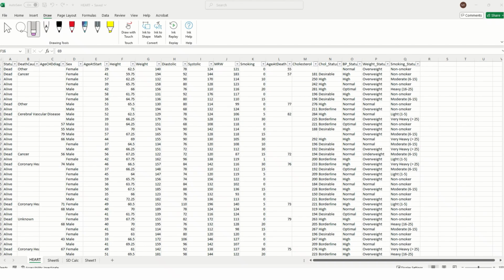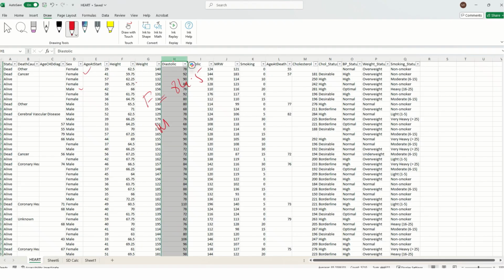In a t-test, when we had only two values, we could subtract them easily. For example, say we have two groups, males and females. Females have a mean diastolic blood pressure of 84.5 millimeters of mercury, and males have a mean diastolic blood pressure of, say, 86 millimeters of mercury, right?